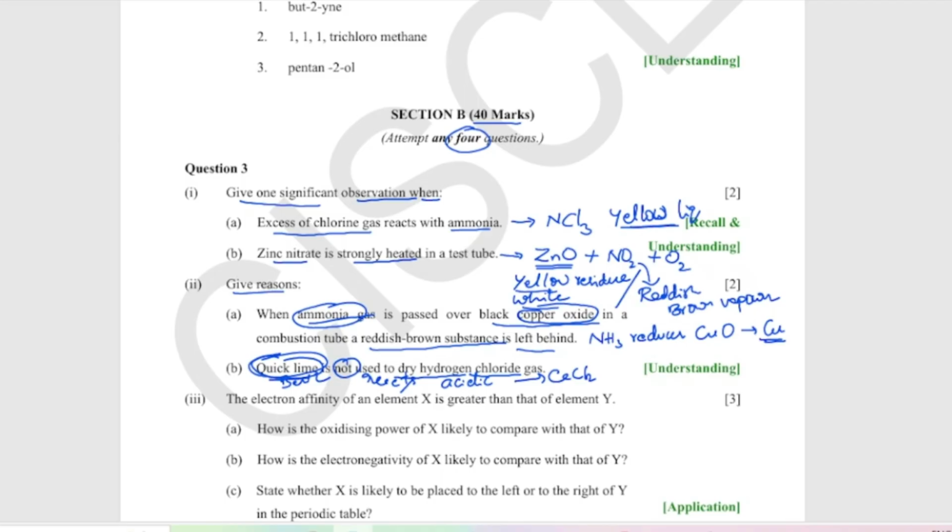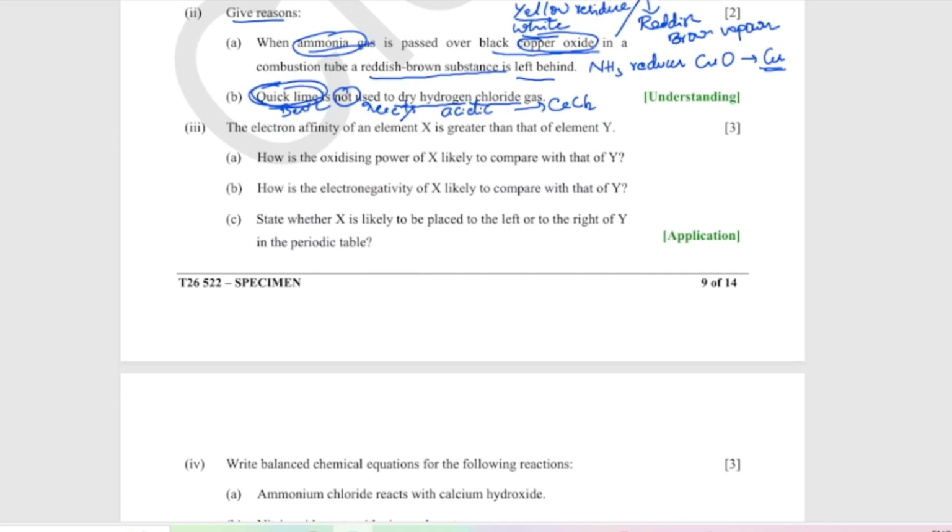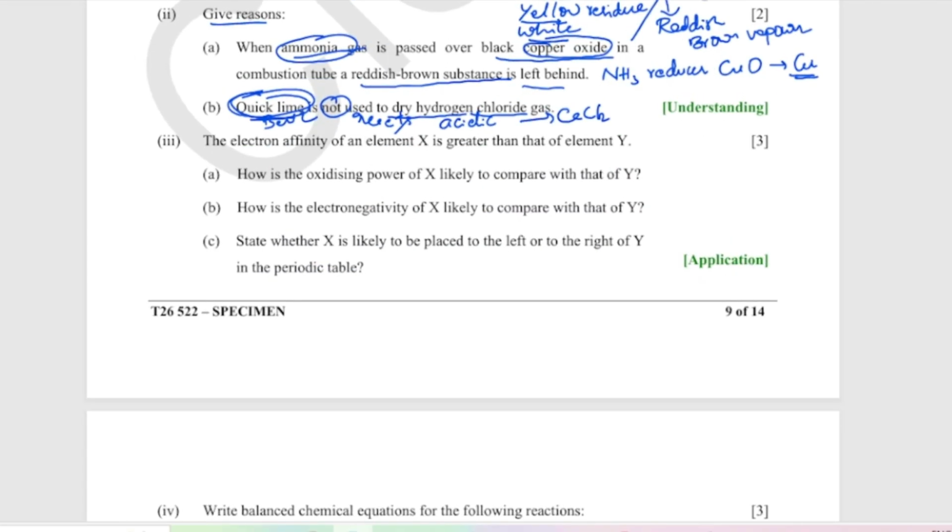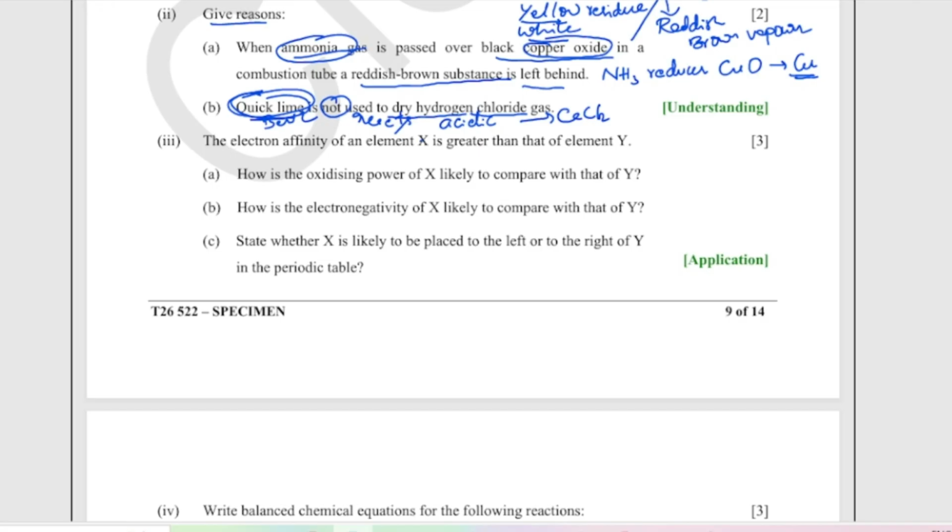Right, next one. The electron affinity of an element X is greater than that of Y. How is the oxidizing power of X likely to compare with that of Y?